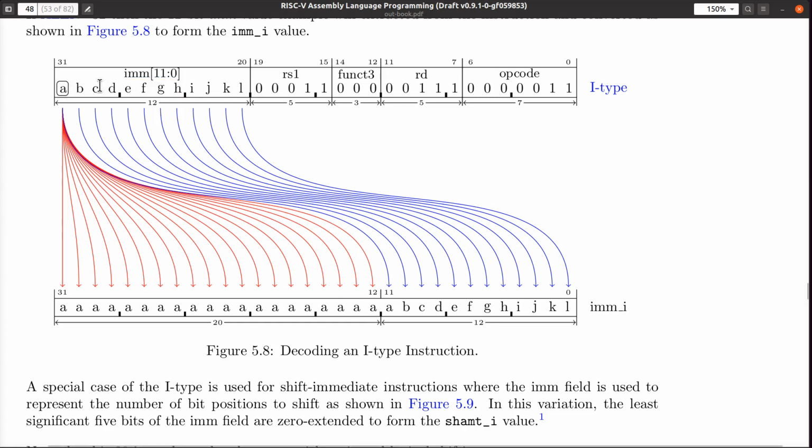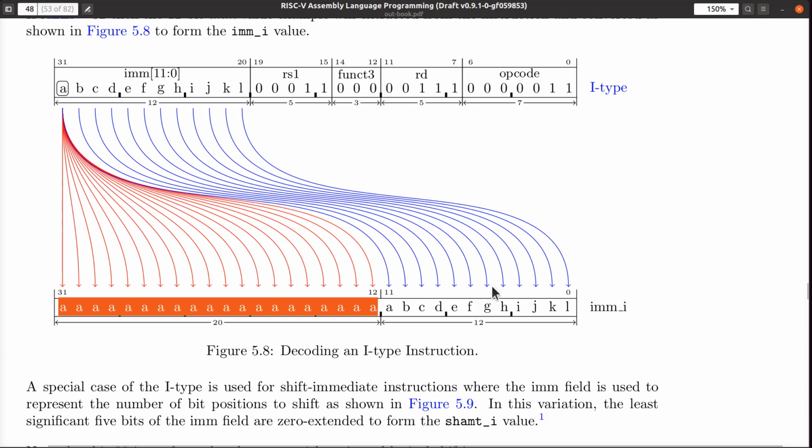It still has the same role. It's part of the immediate value, but this box around it means that it is the sign bit in this particular encoding. And because we sign extend this, we end up with that A bit, whatever the value of A is, replicated all the way in here. We talked about sign extension before.